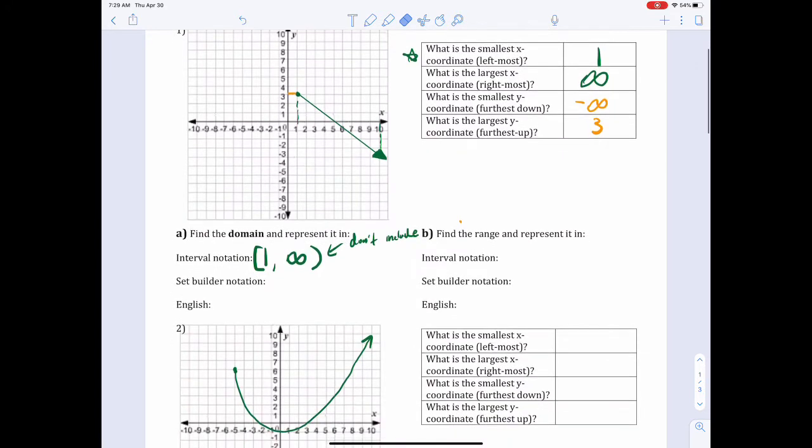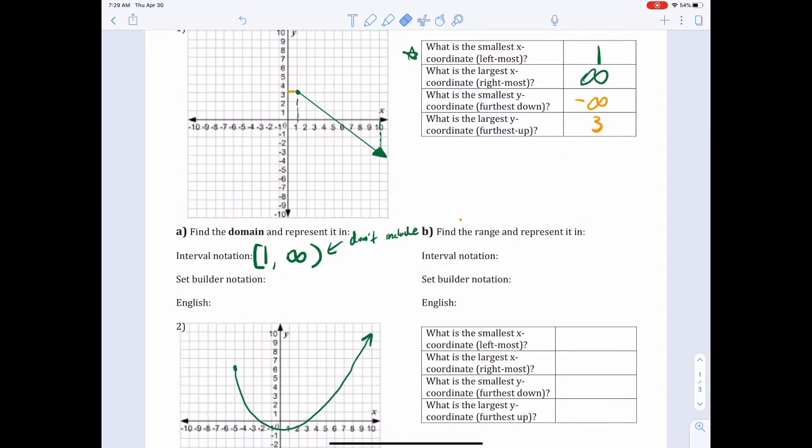For set builder notation, what we're going to do is just take maybe one step back and just look at it. All of our x values start at 1 and then they just keep going on forever, following that path.